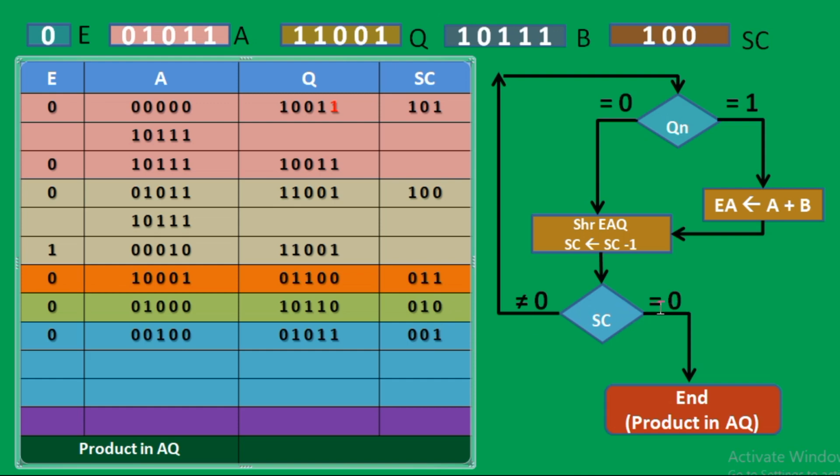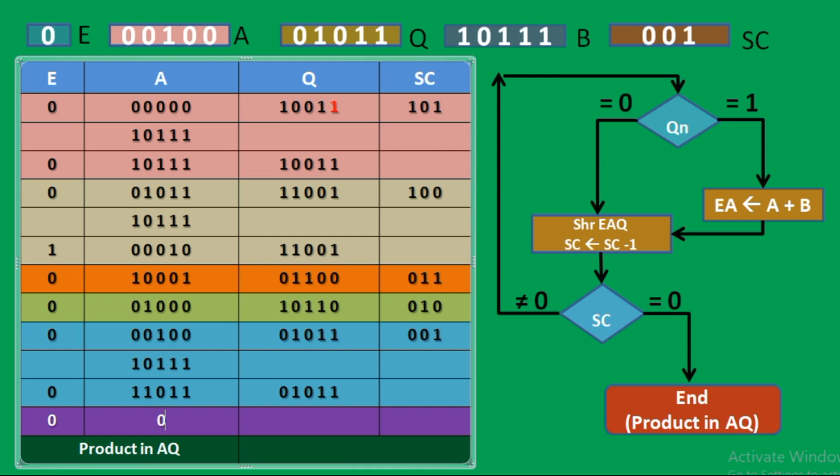Once again it is not equal to 0. Check the QN value here. Now the QN value is 1. So you have to add B to A. What is the B value? 10111. After adding, what you will get here? 11011, and the carry value is 0. After adding, what do you have to do? Shift operation.